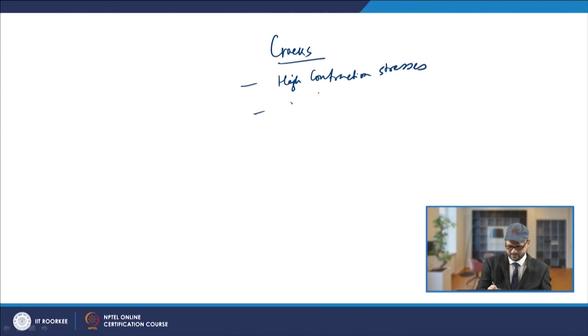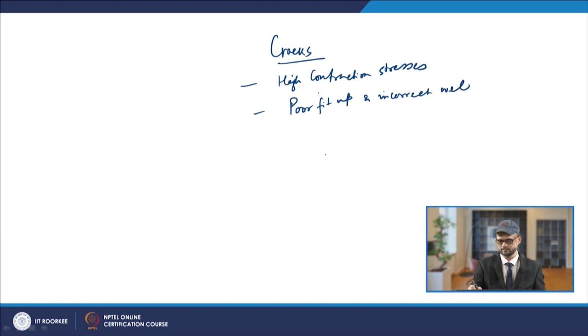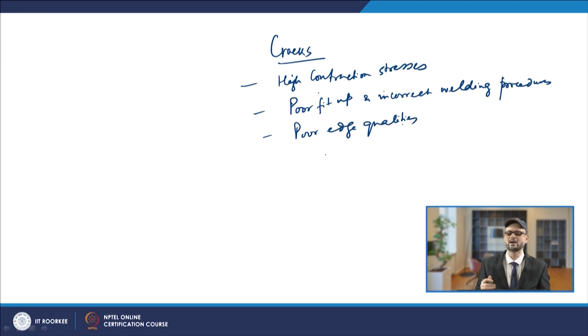It may also be because of poor fit up, incorrect welding procedures, and poor edge qualities. This way you have the emanation of surface cracks. We have already seen that there are longitudinal cracks, transverse cracks, and crater cracks. So, these different types of cracks are available.